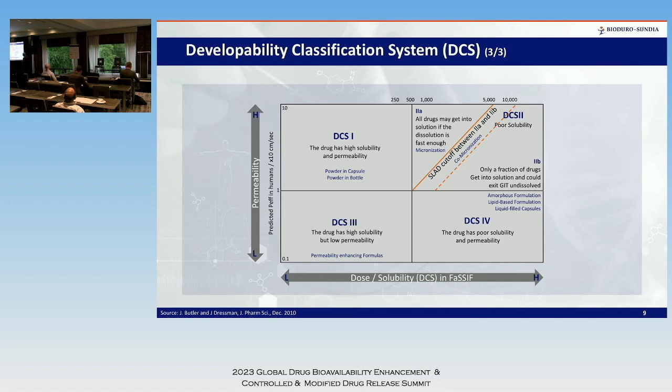Based on that, this paper is telling us that if we can identify the permeability and solubility of the drug, and further identify whether the drug has a saturation solubility issue or a dissolution rate issue, then we can utilize different technologies.